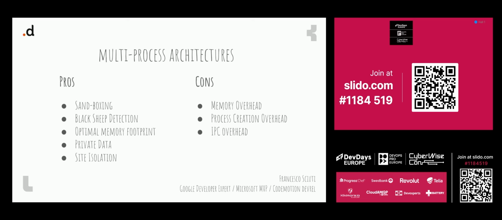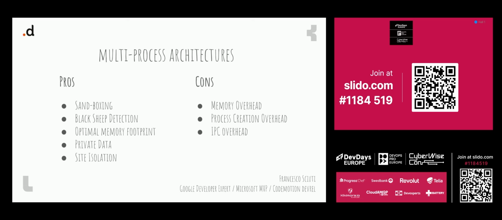Okay, then the next one, black sheep detection. It is a very cool name for me, black sheep detection. Consider it like a way to spot processes that are consuming resources like memory or CPU, and this feature prevents a single tab from destroying the entire browsing experience.